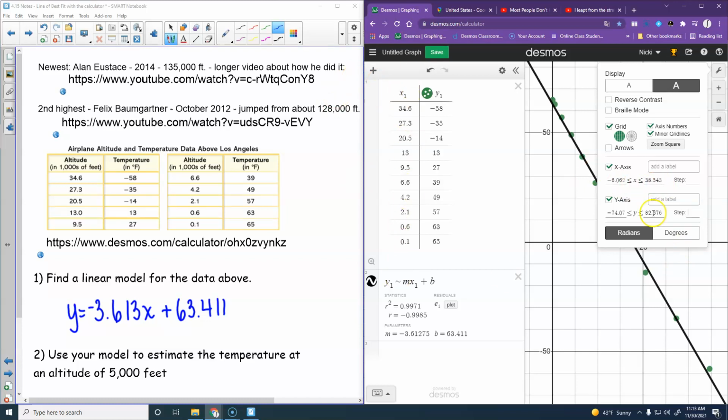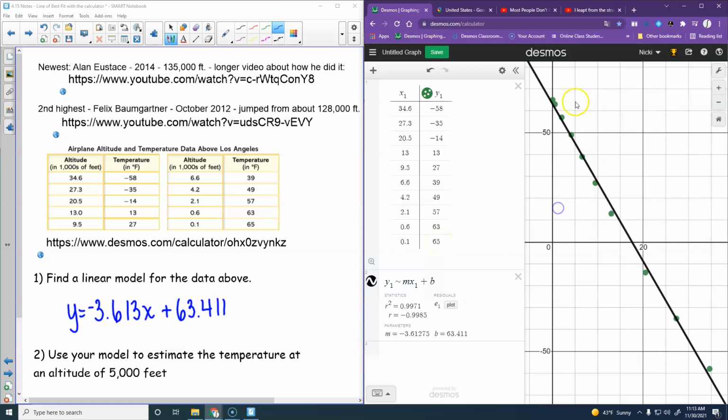And then my y-axis was from negative 58 to 65. They changed a little bit whenever I zoomed out. Yours doesn't have to be exactly like someone else's, but it'll get you a better picture so you can see what's happening.